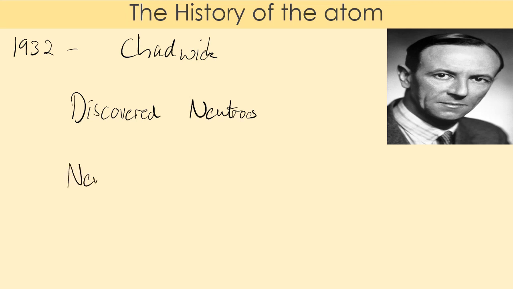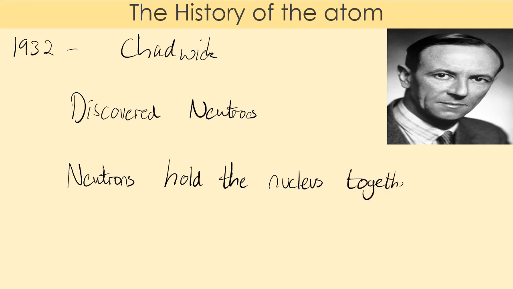So our neutrons hold the nucleus together. Something called the strong nuclear force. It's this force and this amount of energy that's in there that led to atomic bombs. So we were able to split atoms and release all of that energy.